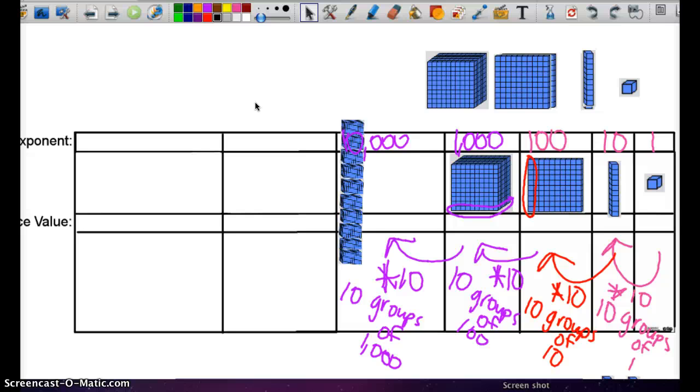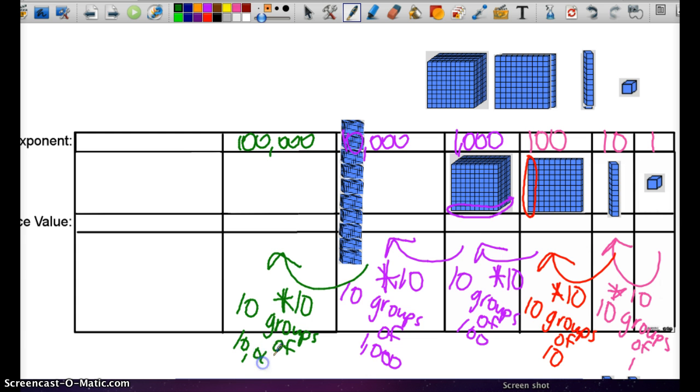Moving forward, the students can tell you that the pattern has become so clear that the 100,000s place is 10 times larger than the 10,000s place, and that you should expect to have 10 groups of 10,000. I like to do this again in front of them, and you would form a flat, which again follows the pattern.